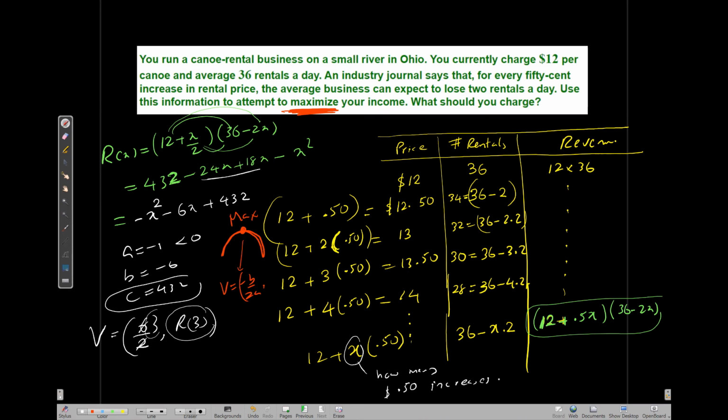So x is 3. That means that for the maximum profit, I must charge 12 plus 3 times 50 cents, so that is $13.50 will maximize my profit.